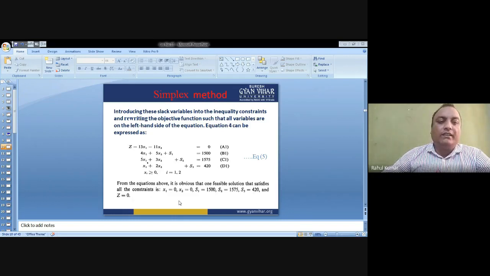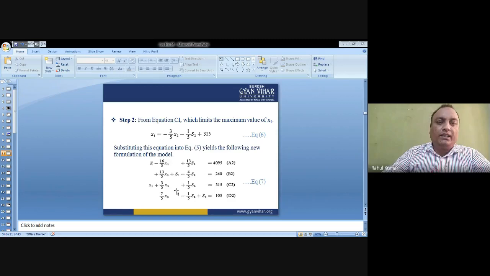These are the numerical values of S1, S2, S3 and Z. Here Z is 0, S1 is 1500, S2 is 1575 and S3 is 420, right?